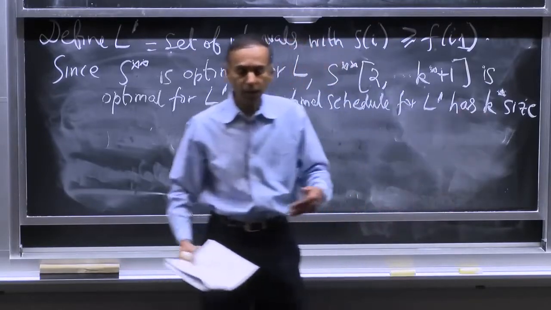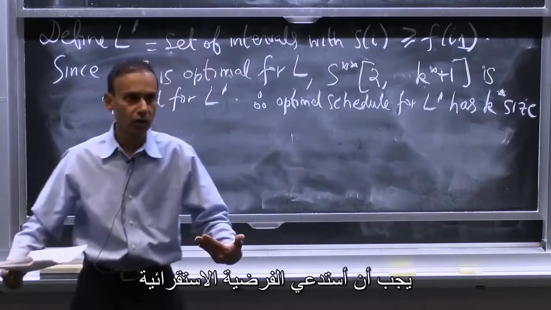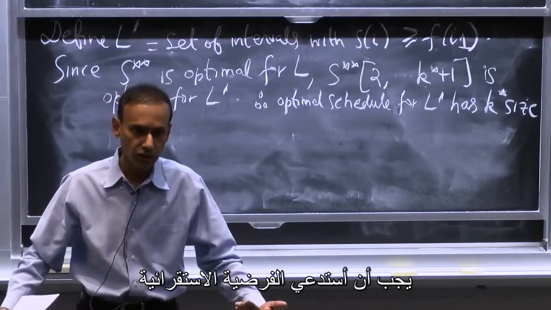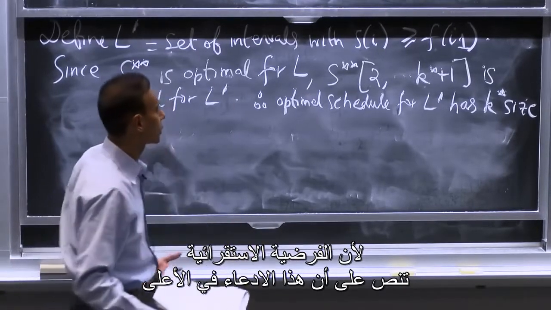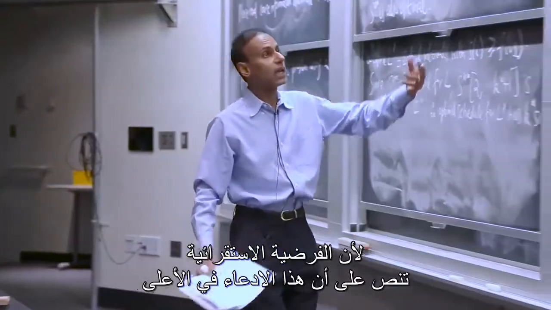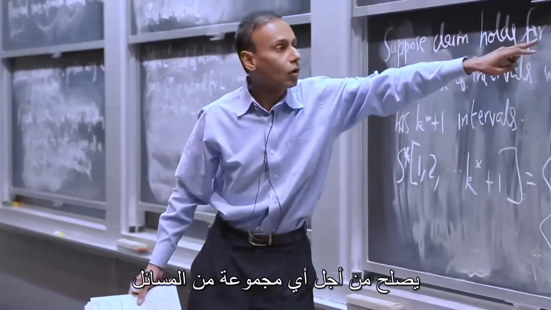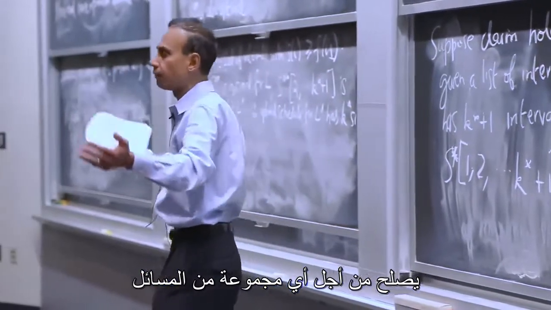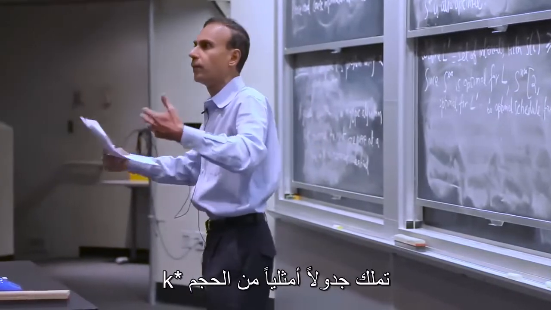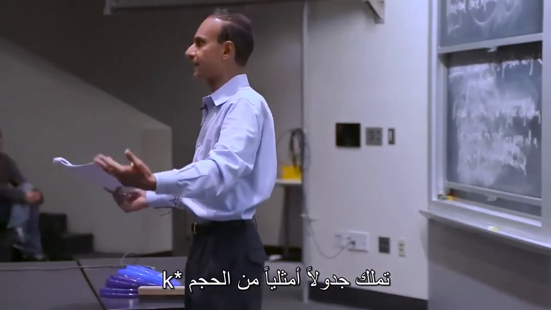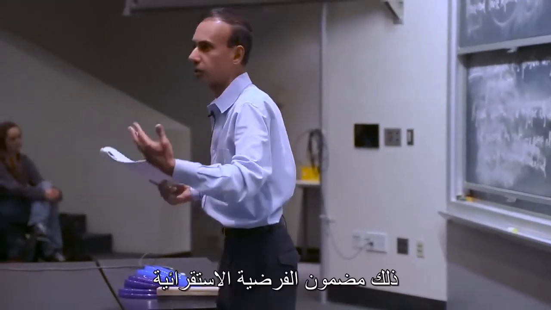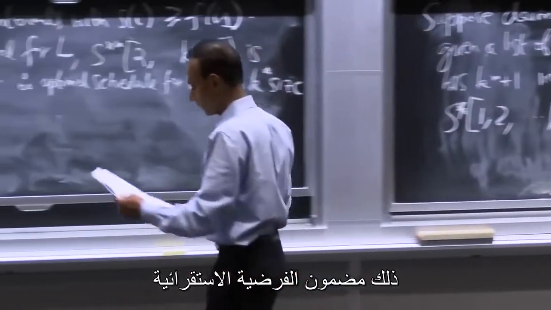Right? And now I get to invoke my inductive hypothesis, because my inductive hypothesis says that this claim that I have up there holds for any set of problems that have an optimal schedule of size k star. Right? That's what the inductive hypothesis gives me.